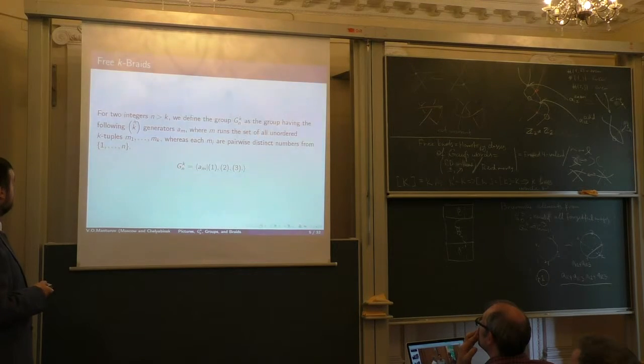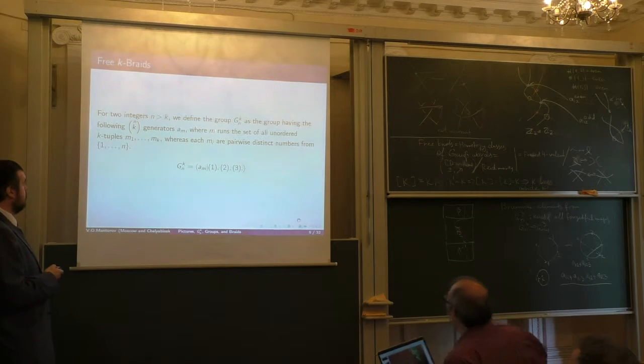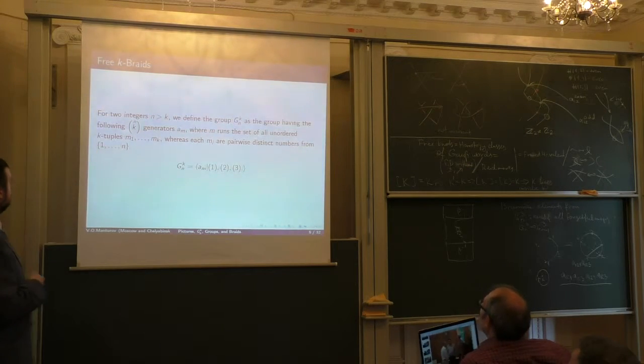So here I'm going to define this group, and this group will have n choose k generators, which will be indexed by m, where m runs over the set of all unordered k-tuples m1 through mk.